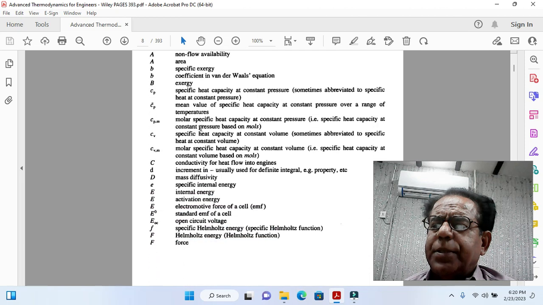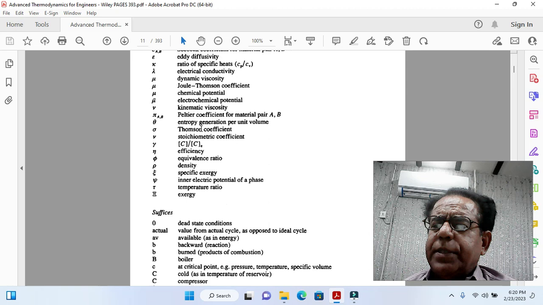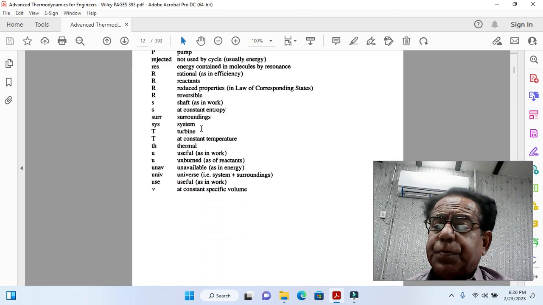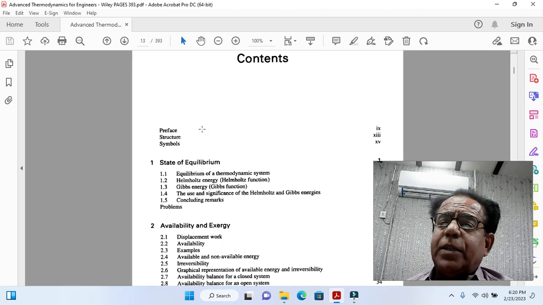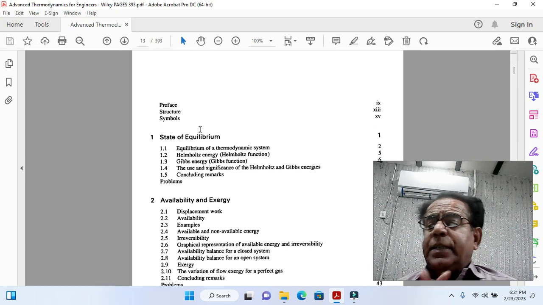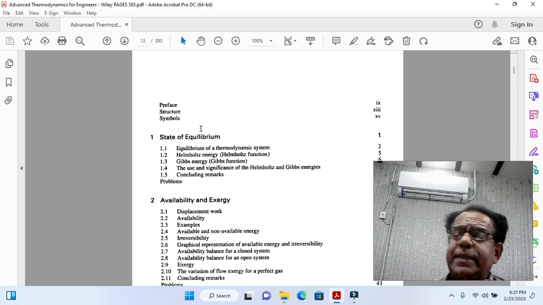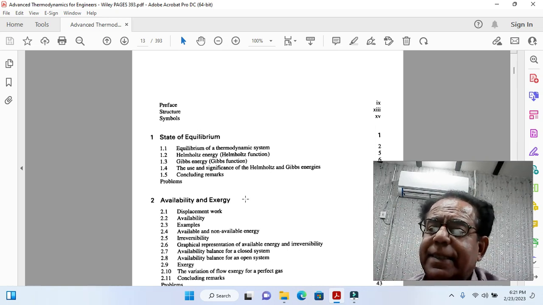Symbols. We are going towards contents. Now contents. State of equilibrium, availability and exergy. Dear students, this is not energy, this is exergy.